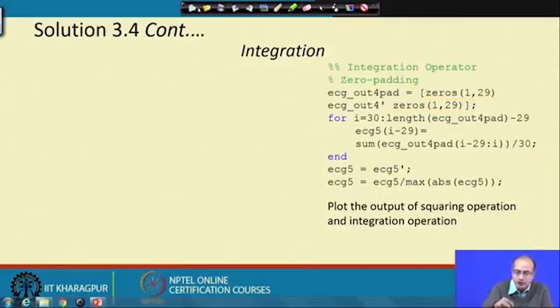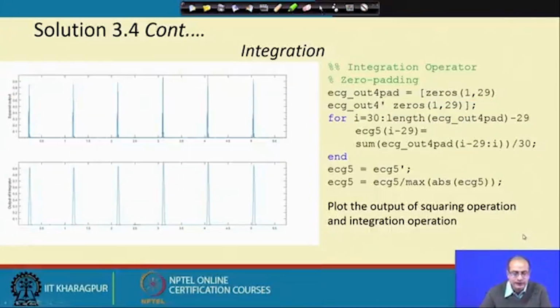So, with that we get the signal as shown in the left hand side. Now, what we get? The jagged peaks have now merged and give a clean single peak for each QRS complex. So, that was what we were looking for, that we can unambiguously get the location of the QRS complex, and that is what we get by using the MA filter.